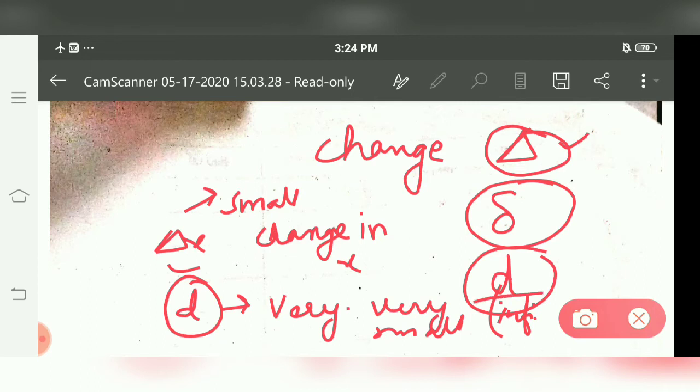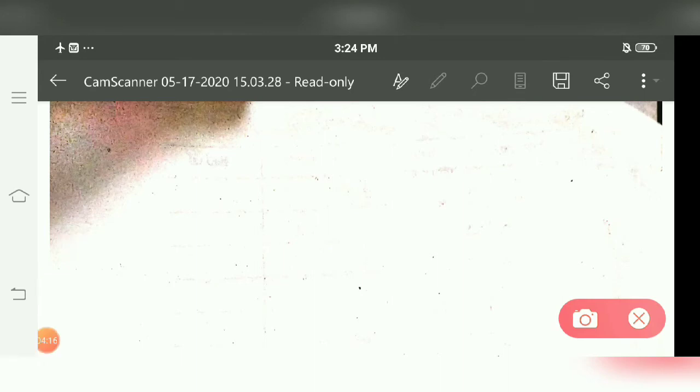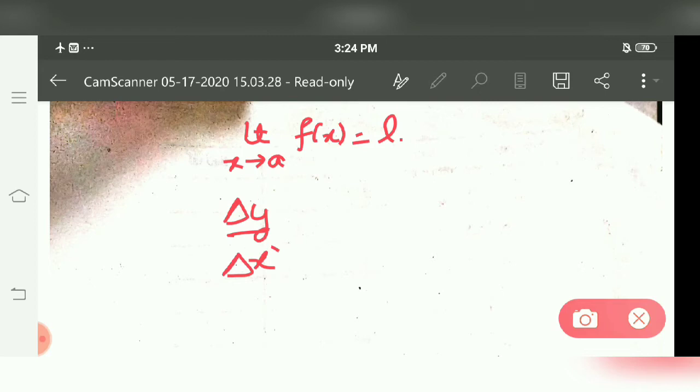So why do we have this symbol? If you remember about the function, in limits when x approaches a, the function tends to a particular value, say f(a). Or if there is a change in y with respect to x and this x approaches 0, it means the change in x is very small, almost 0, not exactly 0 but almost 0.